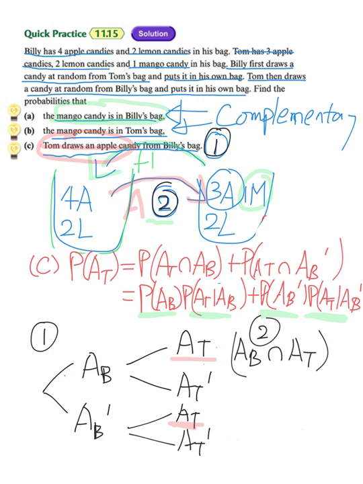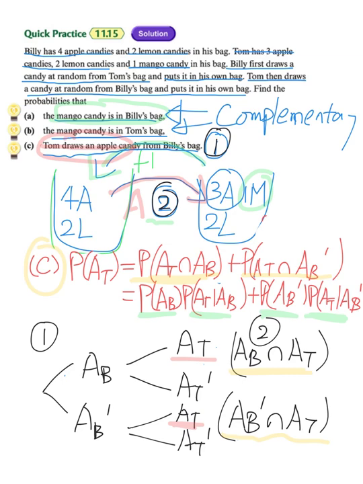And for the third row, it is talking about AB not happening and AT happening at the same time. So the formula we have shown is this one representing that one. So this is the relationship between the tree diagram and what we have written in part C.